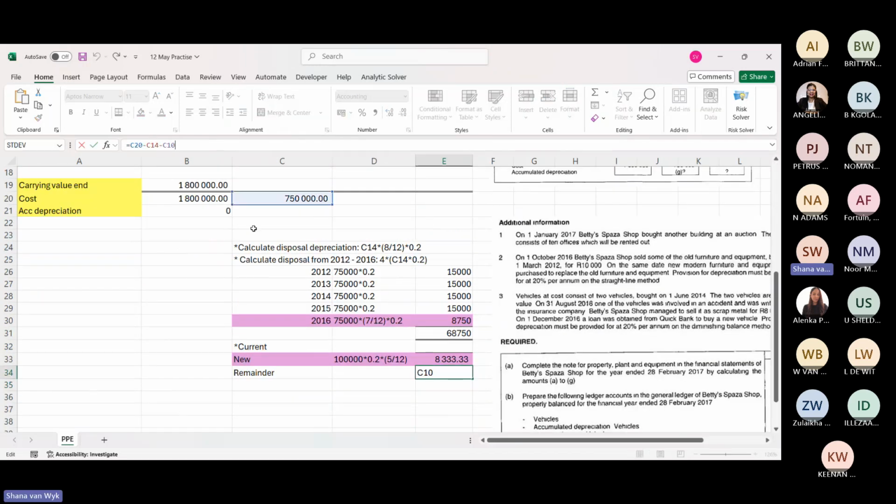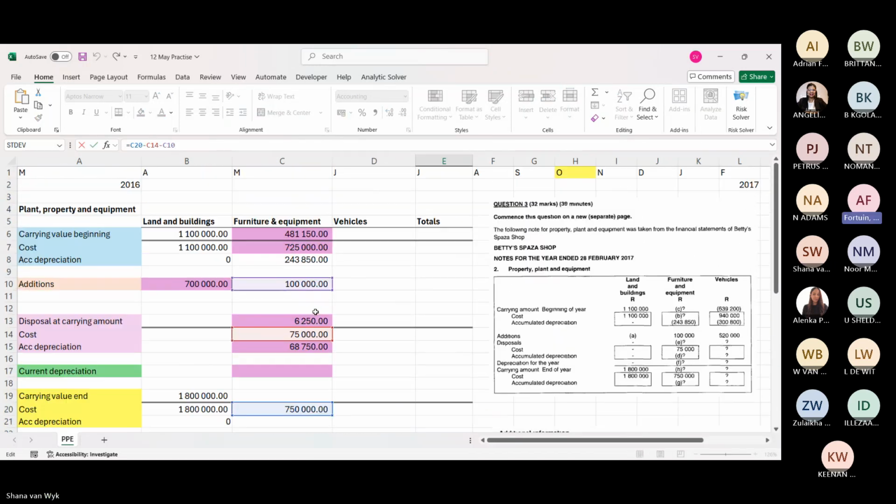Why are we subtracting these two? Because we're working backwards. Shouldn't you add disposal? No. We're taking that out of the equation, but that is only for the calculation. That's not what's going to go on here. Okay, I understand.